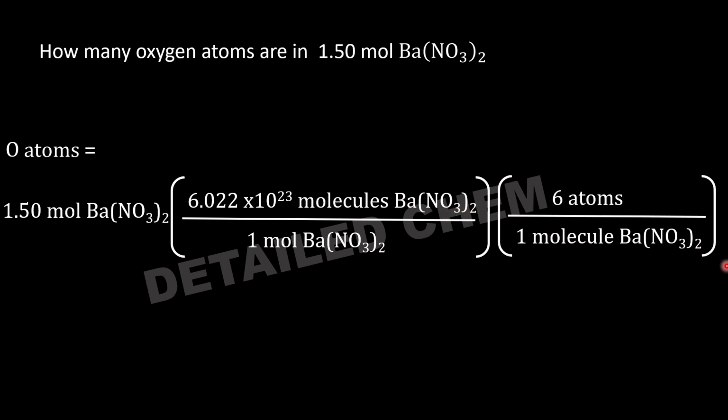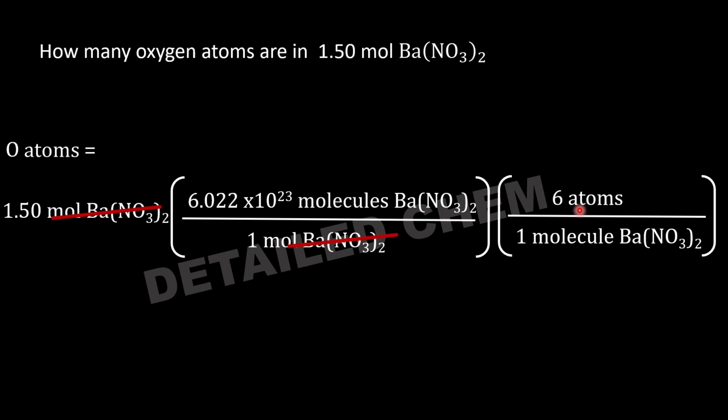Multiplied by 1 molecule of barium nitrate is to 6 oxygen atoms, by the way. So why 6 oxygen atoms? Because we have 3 subscript here and we have 2 subscript at the parentheses. So we need to multiply 3 times 2. So 3 times 2 equals 6. So we have 6 oxygen atoms.